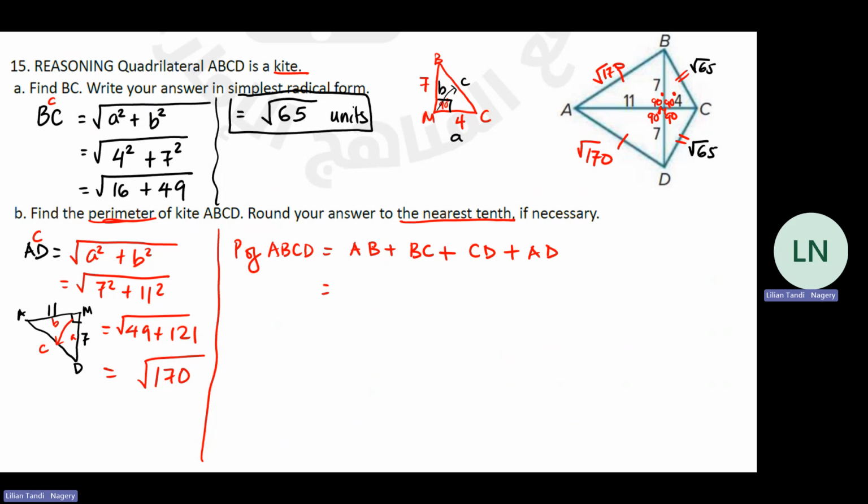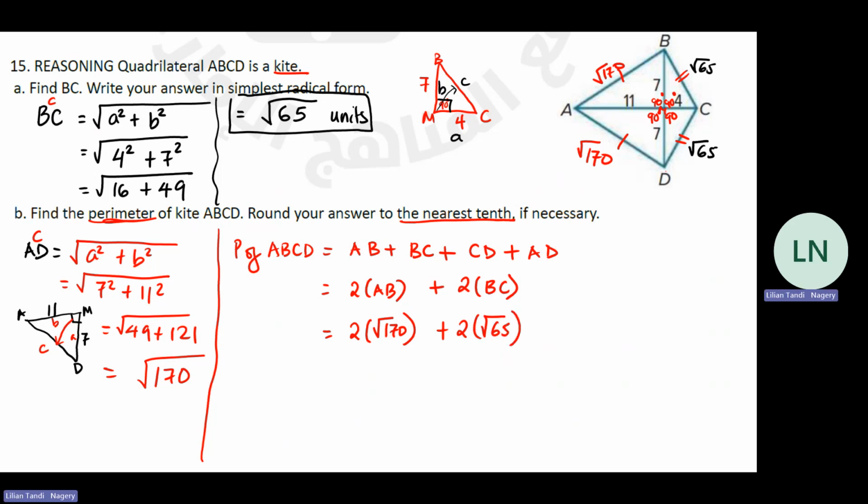But what do you know? You know that AB and AD are the same. So you can write it here, 2AB plus 2BC. Then you can do 2 times the square root of 170 plus 2 times the square root of 65.